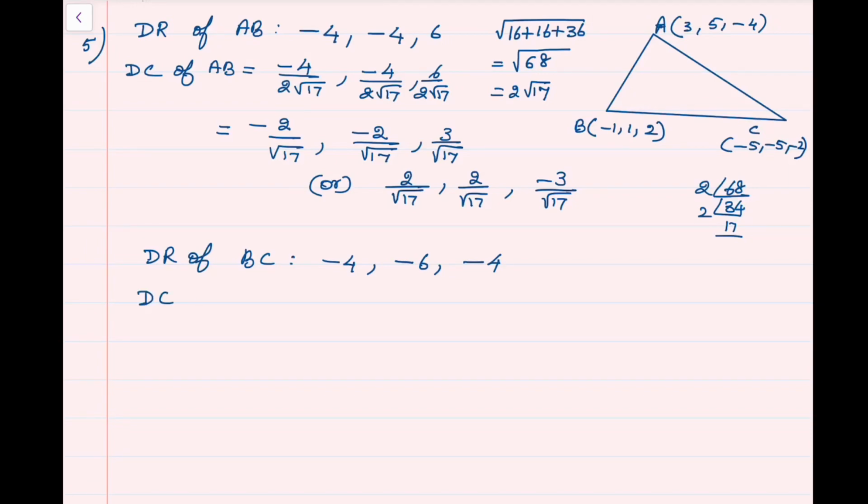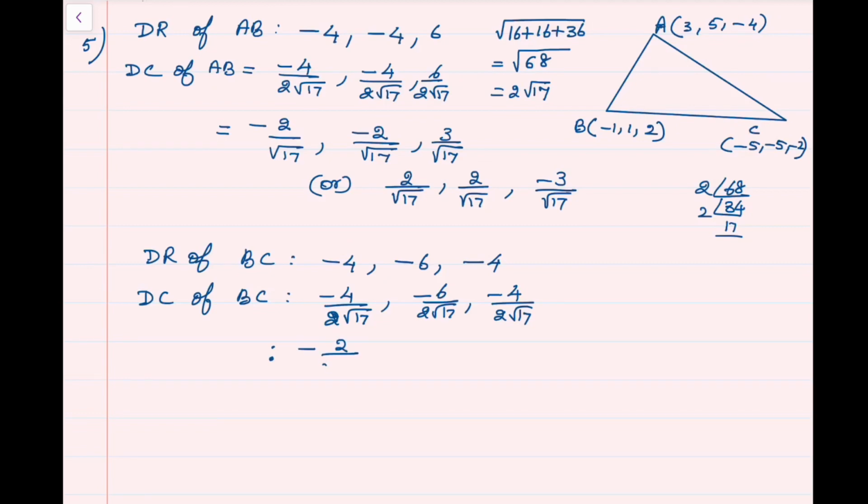Let us write DCs of BC. Minus 4 over 2 root 17, minus 6 over 2 root 17, and minus 4 over 2 root 17. Let us simplify and write the answers.